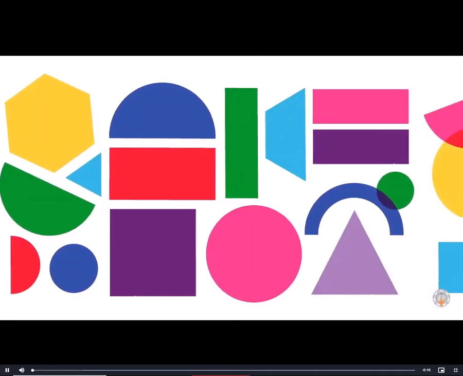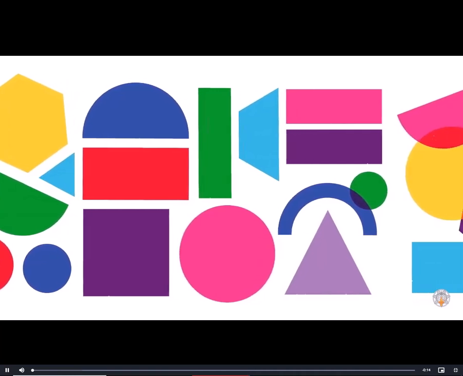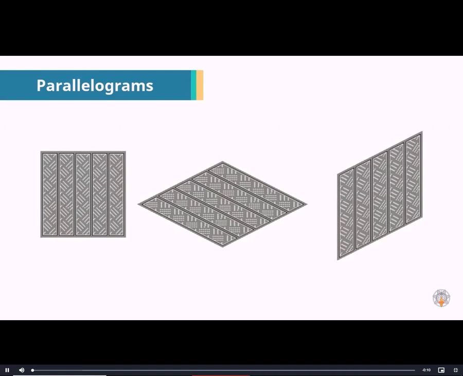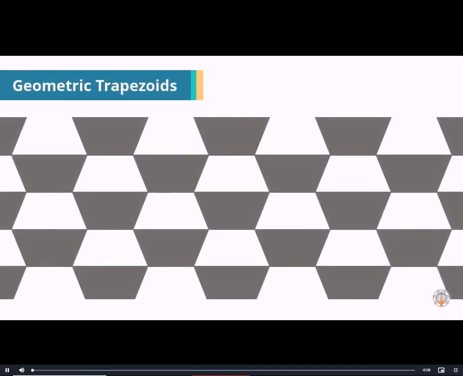Finally, the session ends with the details of different geometric shapes like ellipses, spheres, circles, triangles, rectangles, squares, parallelograms, rhombuses, and trapezoids. Hence, use these basic elements to design your website with an impressive look.